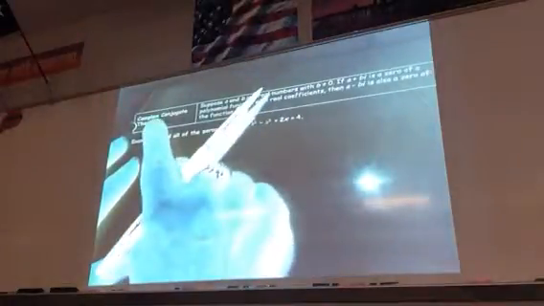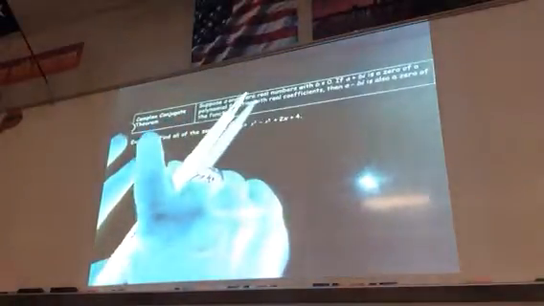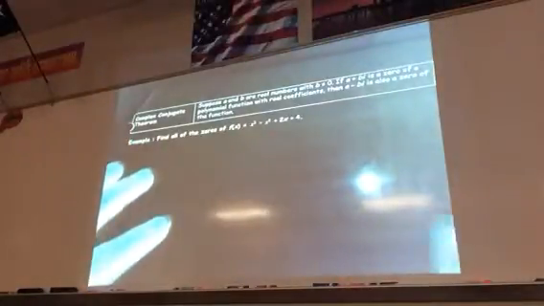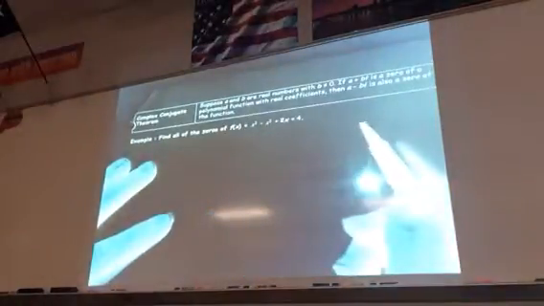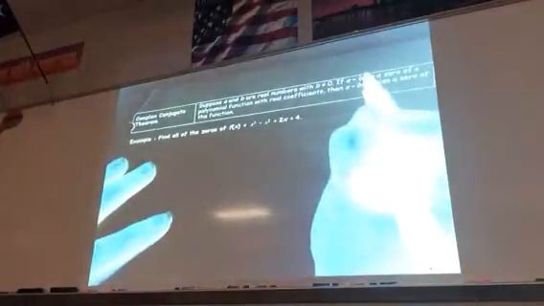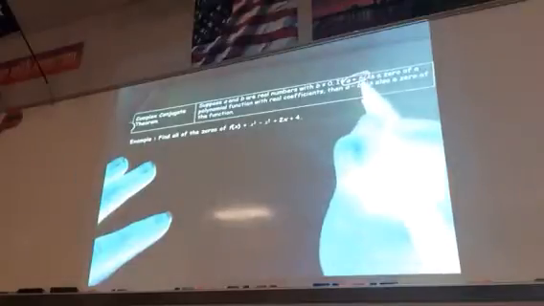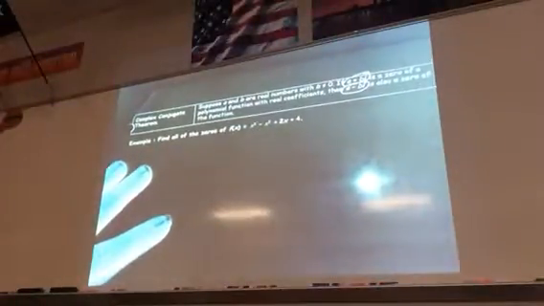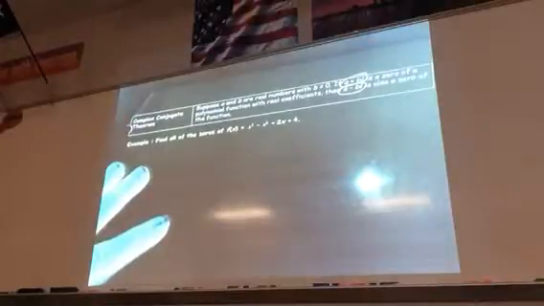And I want us to look at the complex conjugate theorem. Ladies and gentlemen, the complex conjugate theorem says imaginary roots will always come in pairs and they will be conjugates of each other.